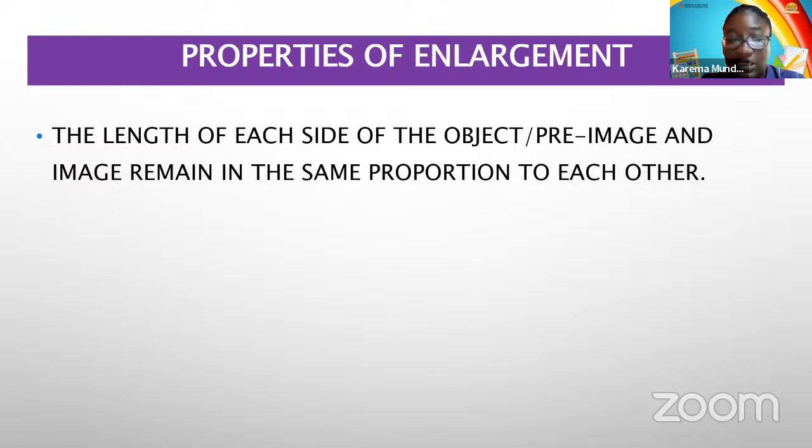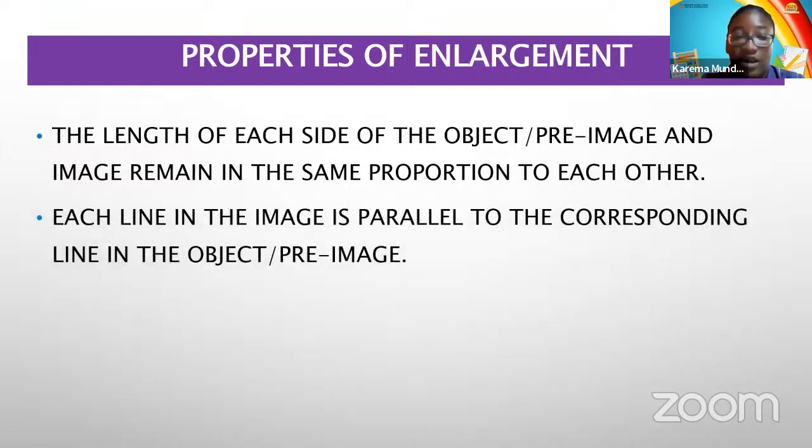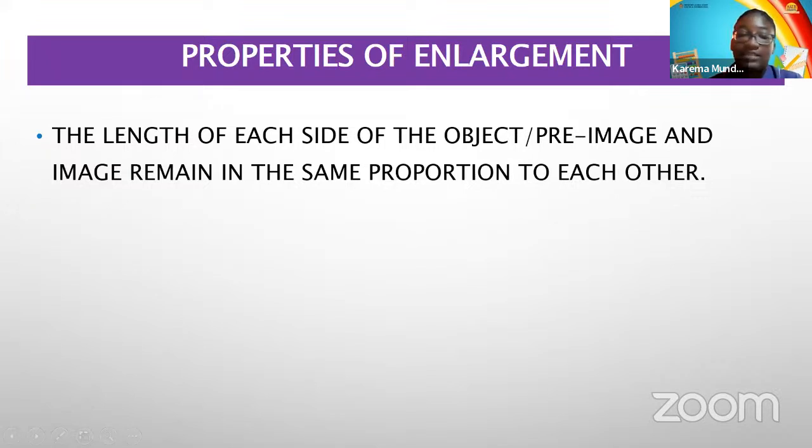What are we saying here? If the lengths have been doubled, for example, for a scale factor of 2, then all the lengths have been doubled on the image. Good, so they remain in the same proportion to each other.